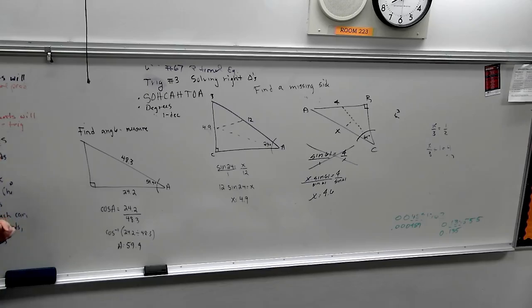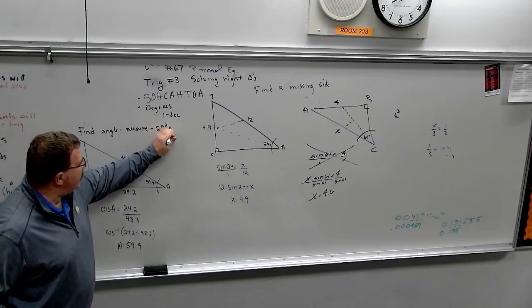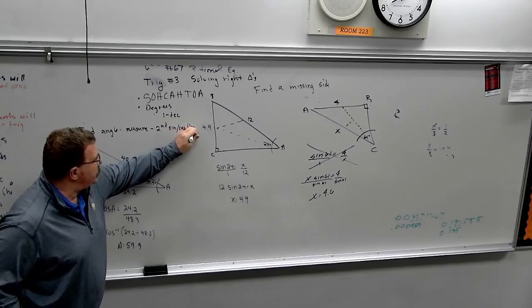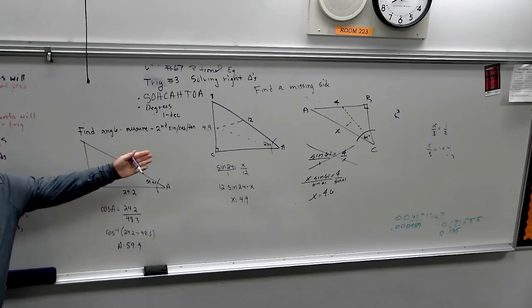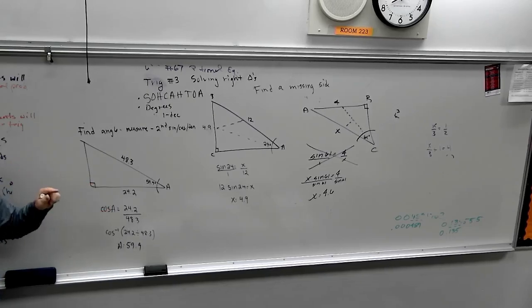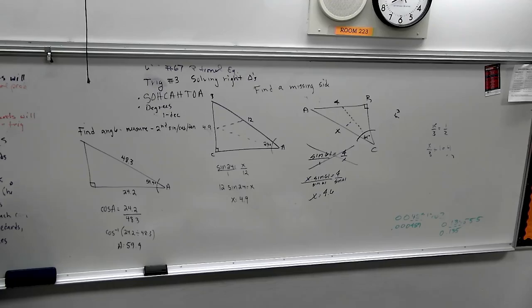So whenever you are looking for an angle measure, you press second sine, cosine, or tangent, depending on which trig function you're using. These are actually easier to solve than the side problems because there's no math involved. You just go second sine, second cosine of that divided by that. Any questions?